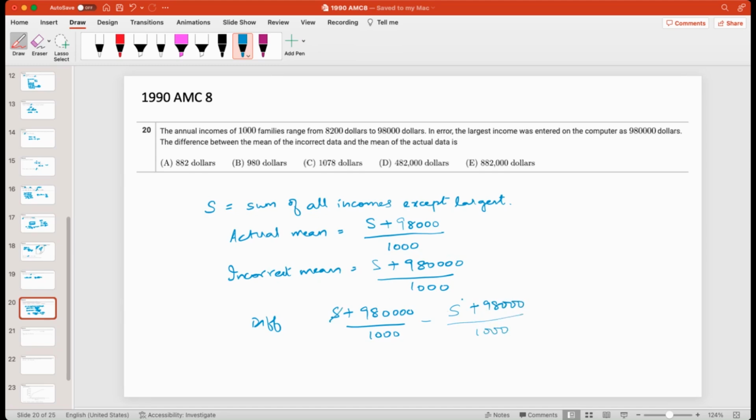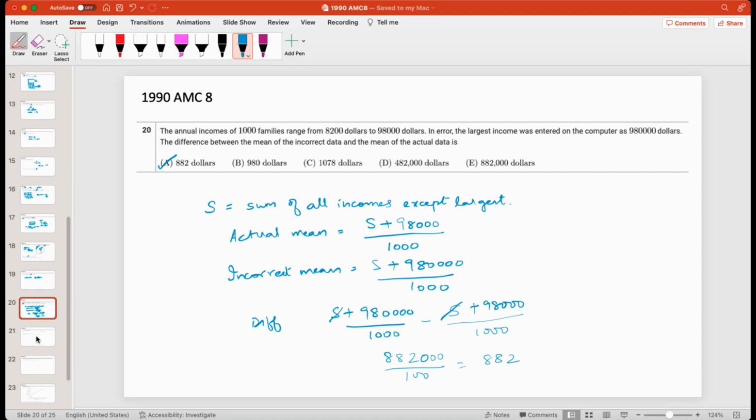S and S are going to cancel because 1,000 is already the common denominator. And then 980,000 minus 98,000 is going to give me 882,000 divided by 1,000. So this is nothing but 882, which is answer option A, $882. Got it? This is the difference in the mean of both the data.